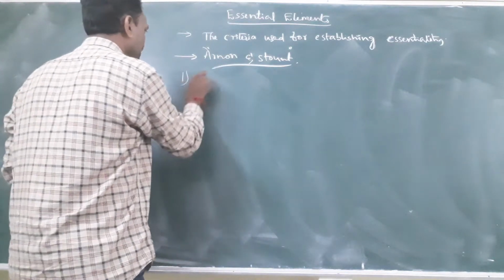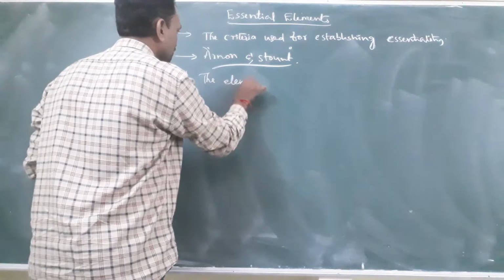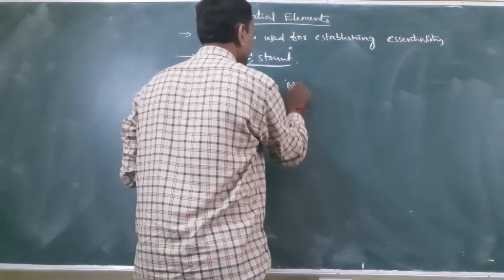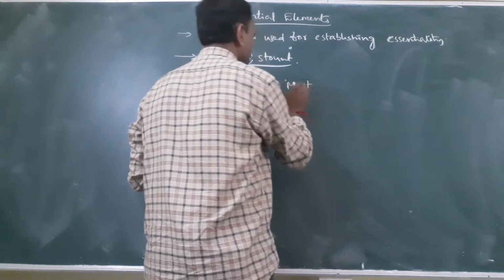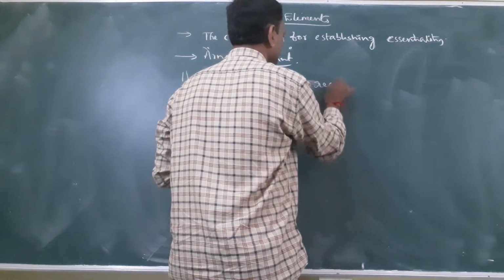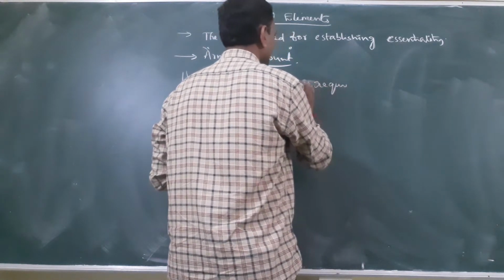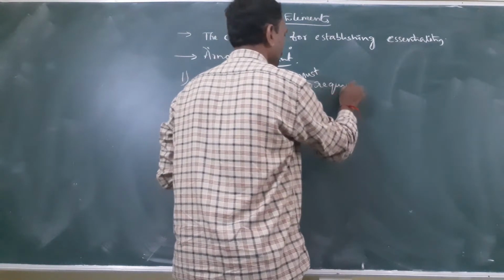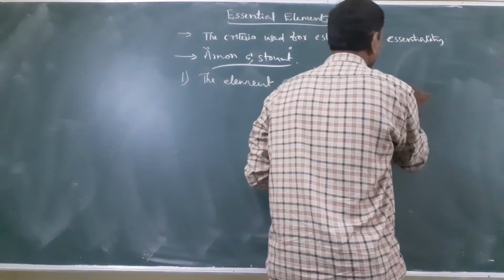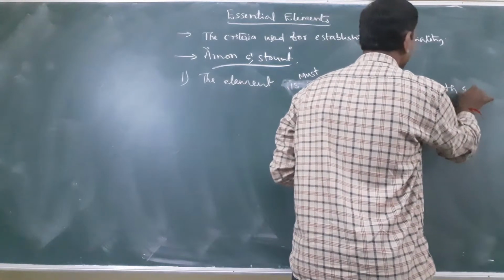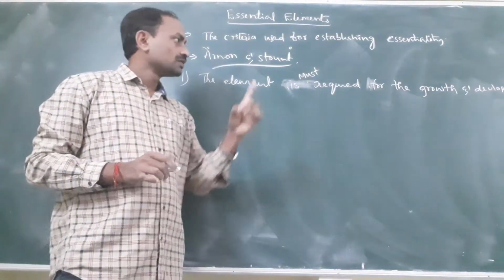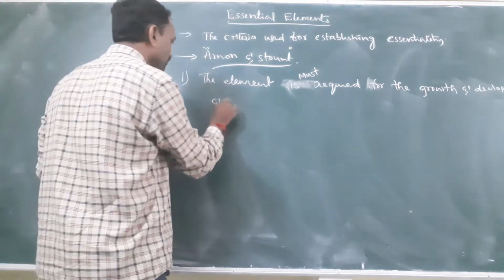The first criterion: the element must be required for the growth and development and also for the reproduction.